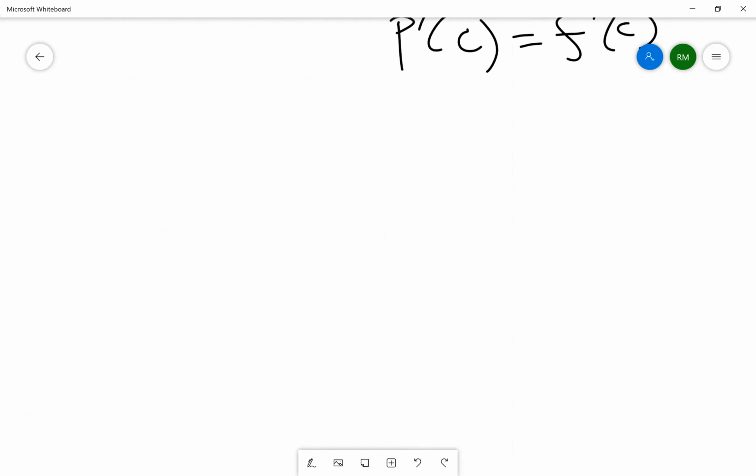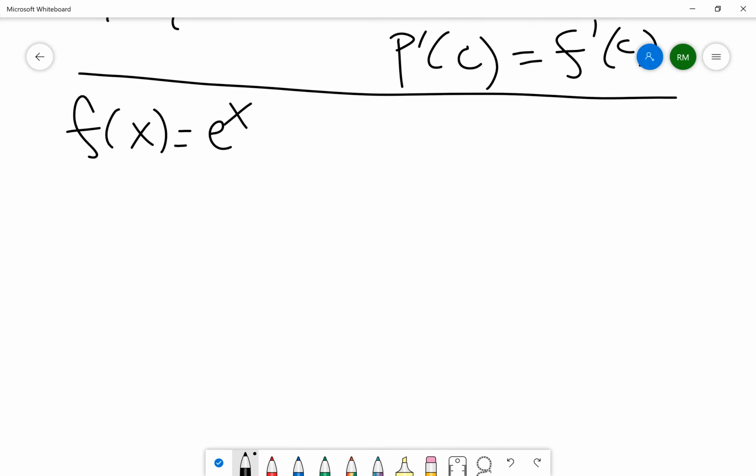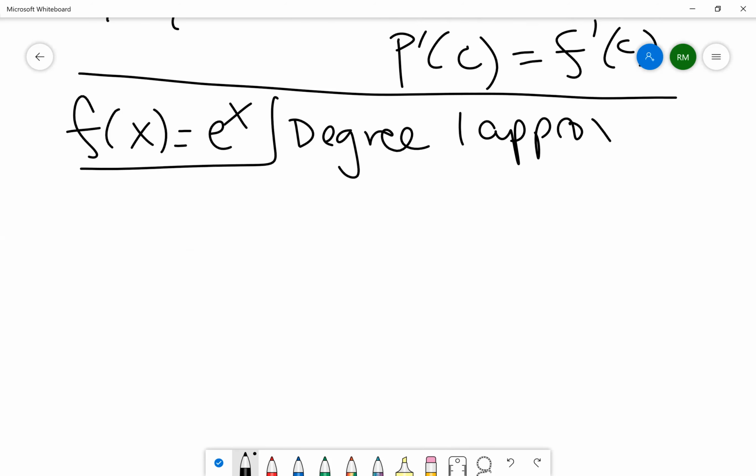So let's look at first degree approximations of f equals e to the x. So degree 1 approximations. Okay, let's pick a value, c equals 0, and let's find the tangent line at that point.